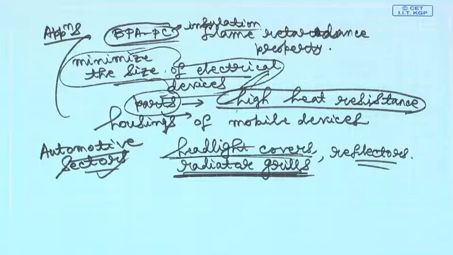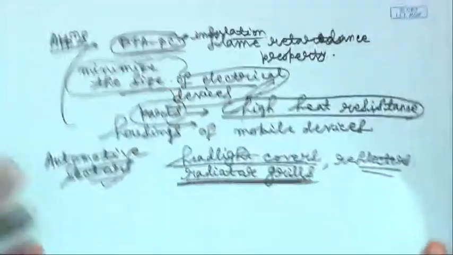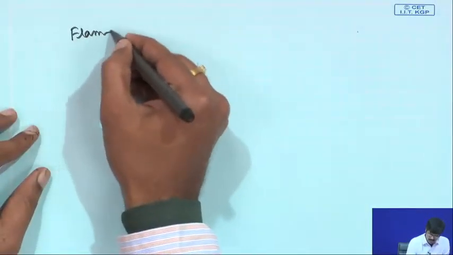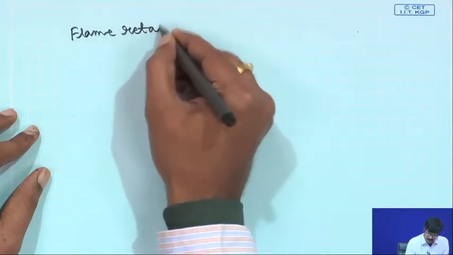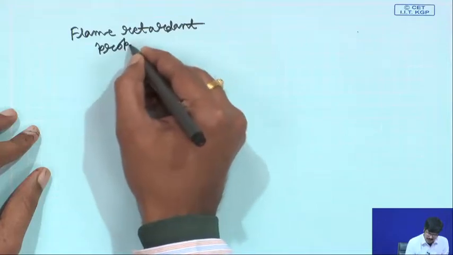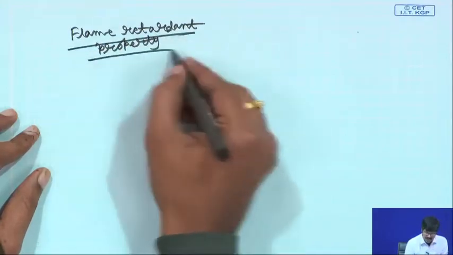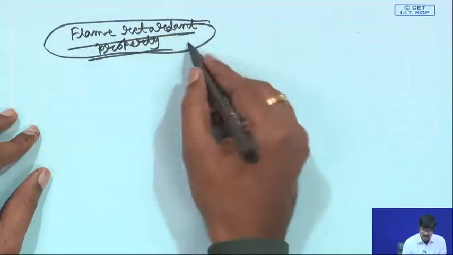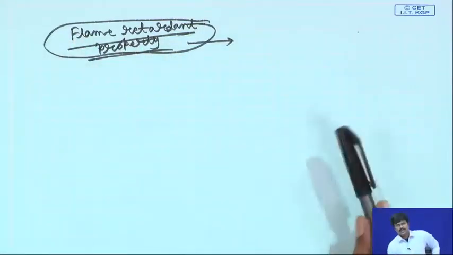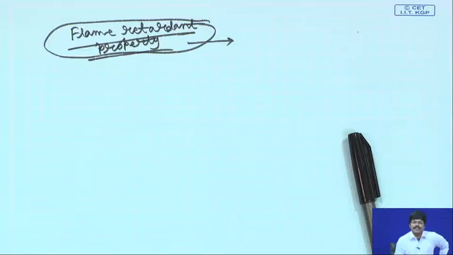All right. So, the final thing that we want to talk about here is the flame retardant property of these materials. Materials which show this kind of flame retardant properties are useful because they limit the devastating effects of fires.